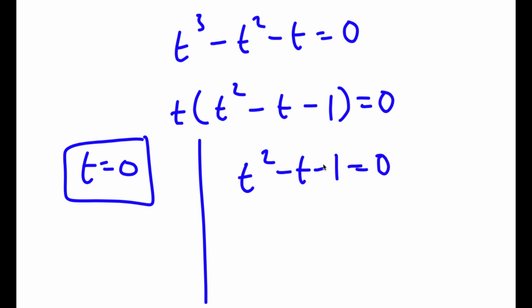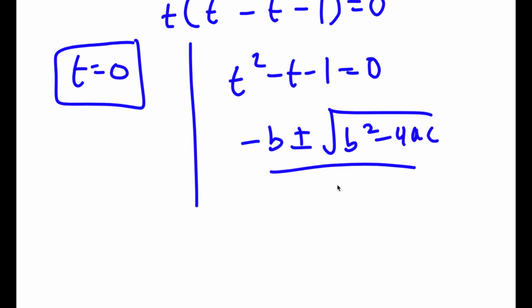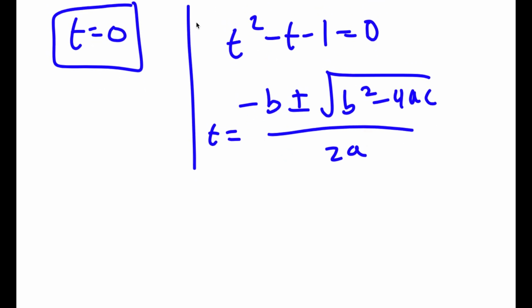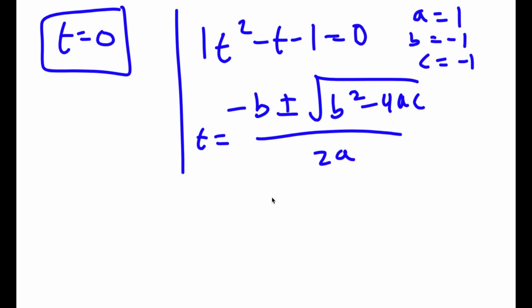So to solve t squared minus t minus 1 equals 0, all I have to do is plug this into the quadratic formula, which is -b plus or minus the square root of b squared minus 4ac all over 2a. So in this case, a is equal to 1, b is equal to -1, and c is equal to -1.